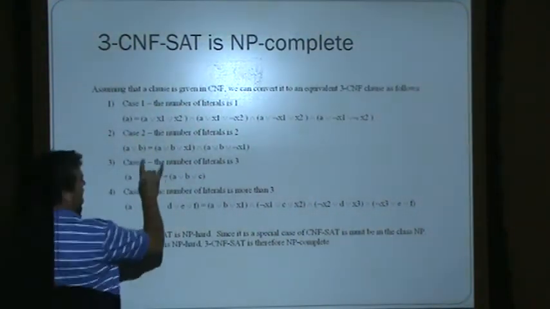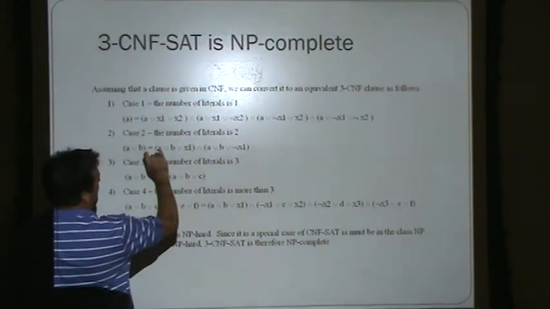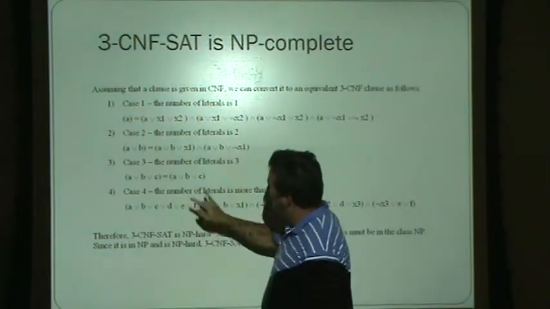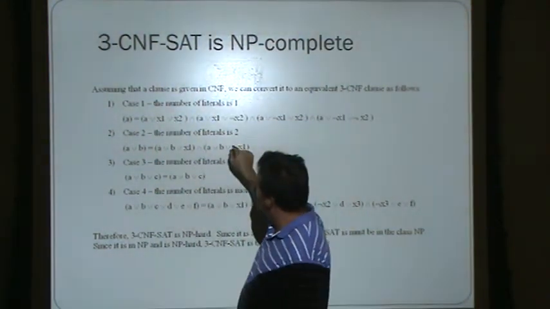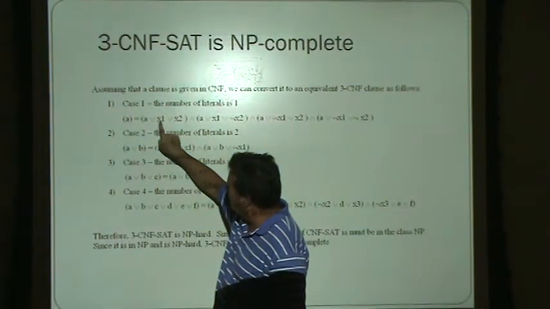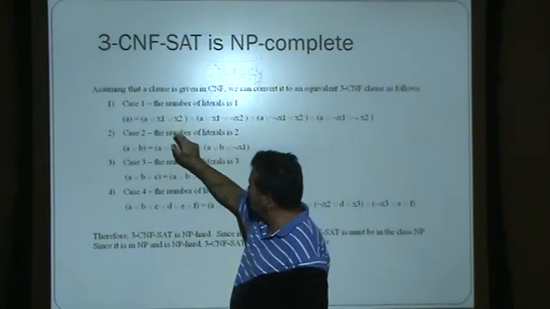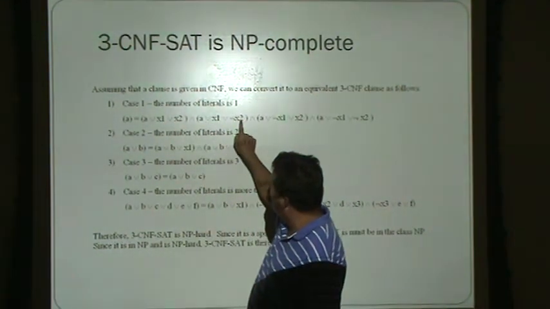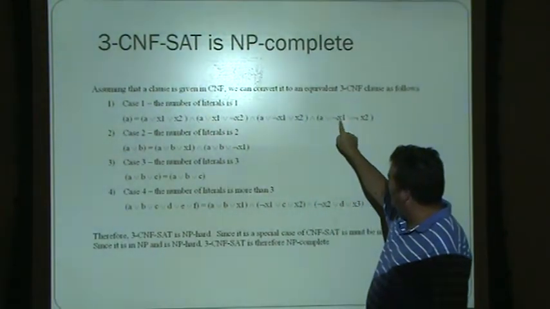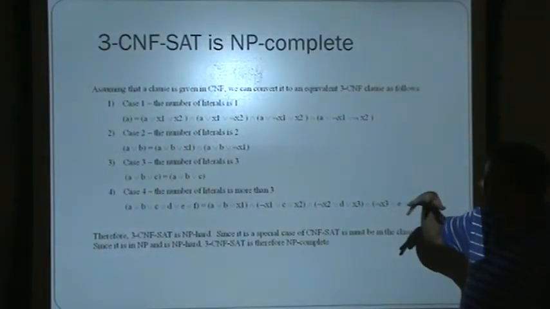If we had one literal, we can force it into a 3 conjunctive normal form input by saying A plus 2 values, we'll just make up 2 brand new values, x1 and x2: A or x1 or x2, A or not x1 or x2, A or x1 or not x2, and A or not x1 or not x2. And now we have the freedom to do whatever we want with x1 and x2.